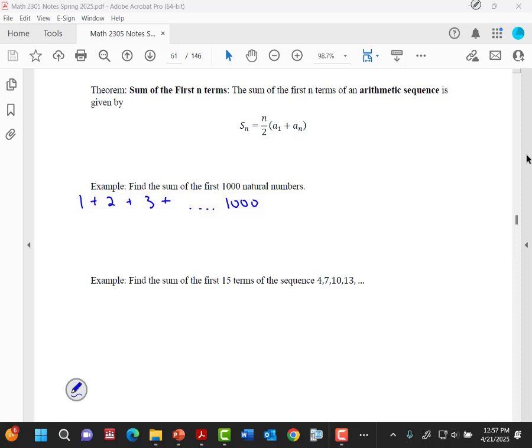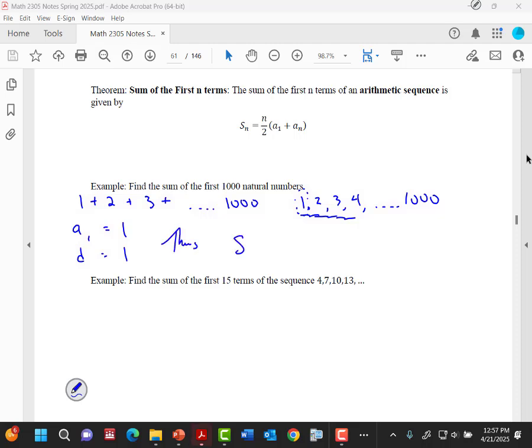I'm interested in the sum. The actual sequence itself is just 1, 2, 3, 4, all the way out to 1,000. So let's identify a1. The first term is 1. And the common difference d? Well, the difference from 1 to 2 is 1, from 2 to 3 is 1, so the common difference d in this case is 1.